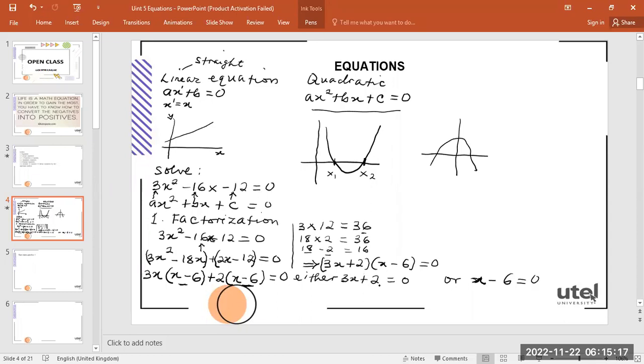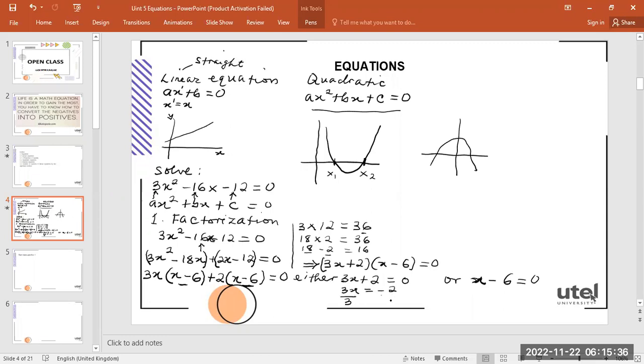Now, if you have 3x plus 2 is equal to 0, and you want to solve for x, it means we have 3x is equal to, we now take this plus 2 to the right-hand side of the equal sign, that becomes minus 2. And to solve for the value of x, we divide both sides by 3.